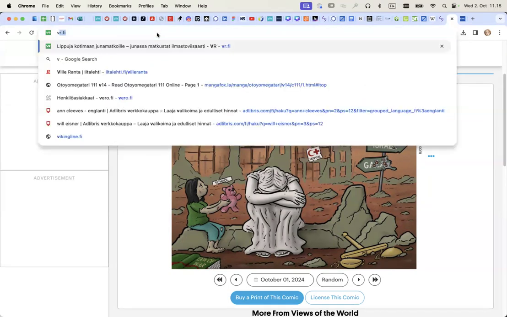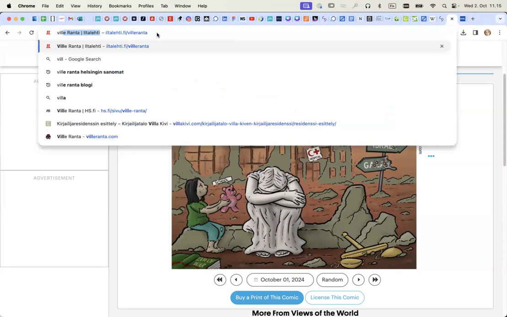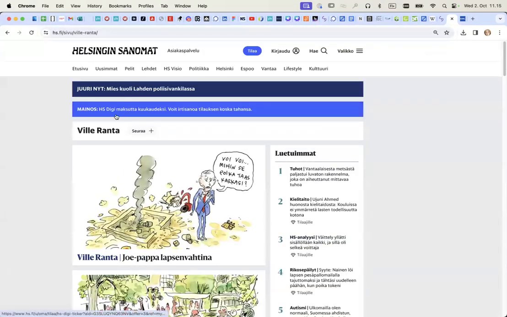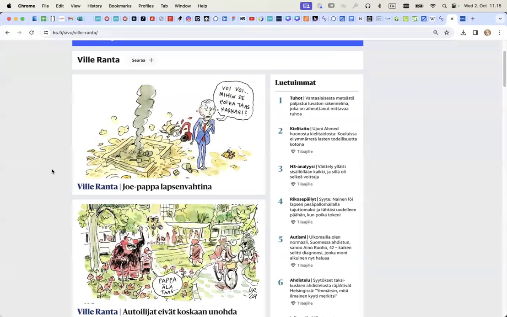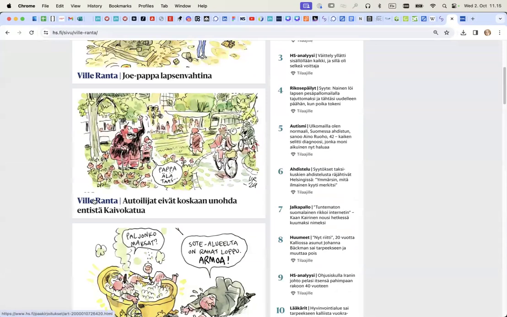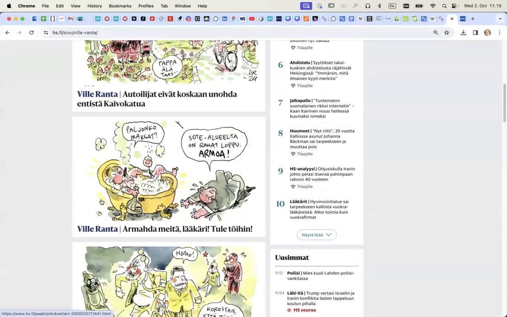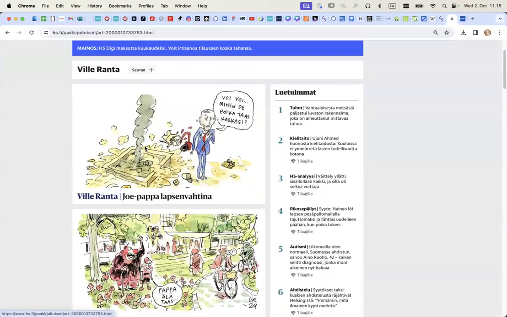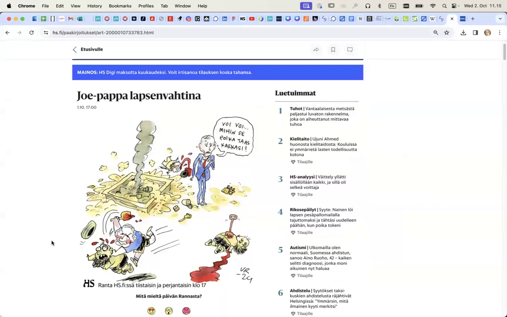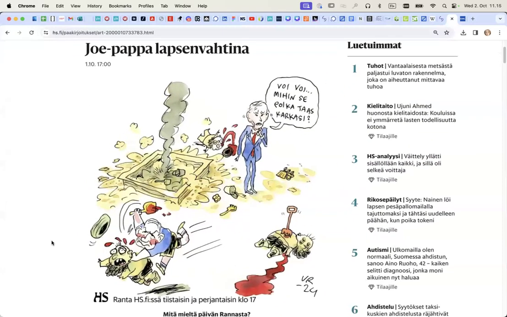Let's see, the Finnish Ville Ranta, who's now doing political cartoons for Helsingin Sanomat. There we go. So as you can see, he's also using color. Now mostly he has Finnish topics, but this is an international one.